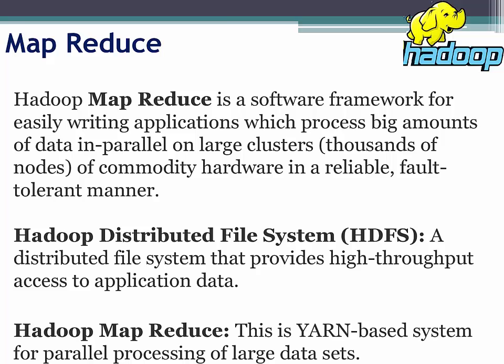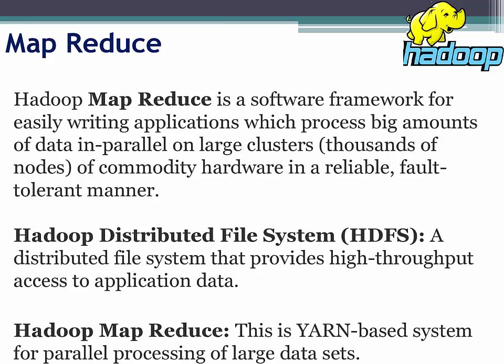Typically both the input and the output are stored in a file system. The framework takes care of scheduling tasks, monitoring them and re-executes the failed tasks. The MapReduce framework consists of a single master job tracker and one slave task tracker per cluster node.